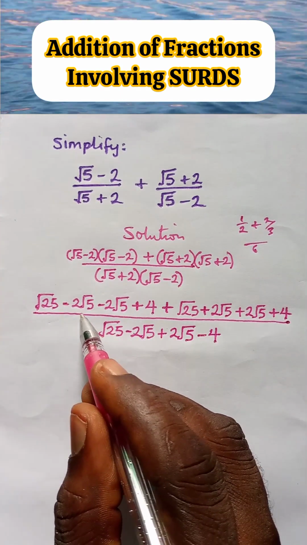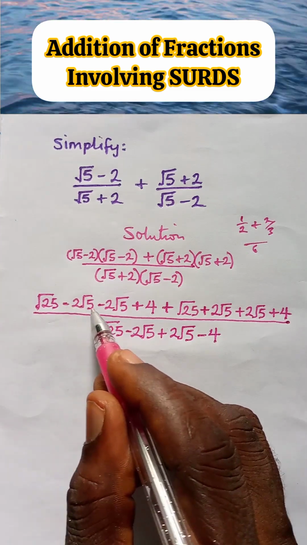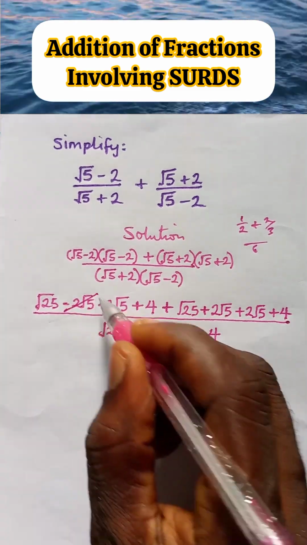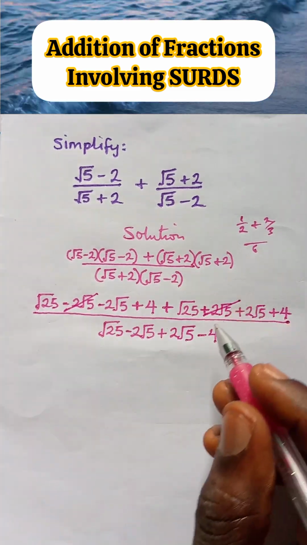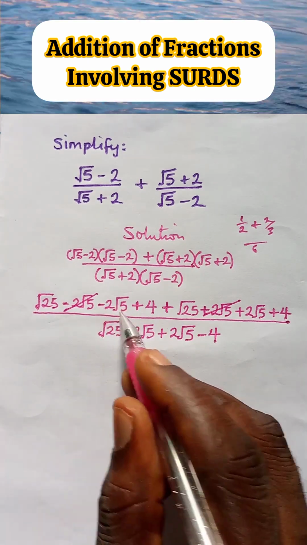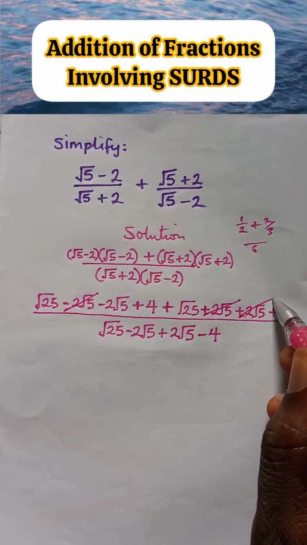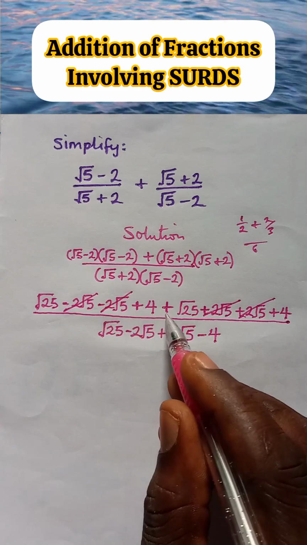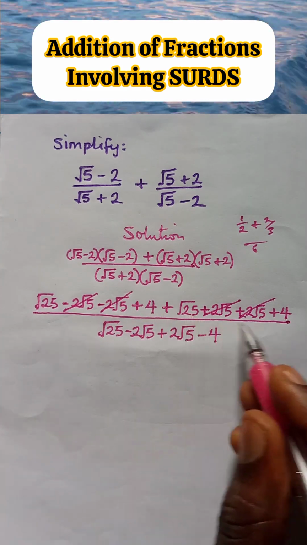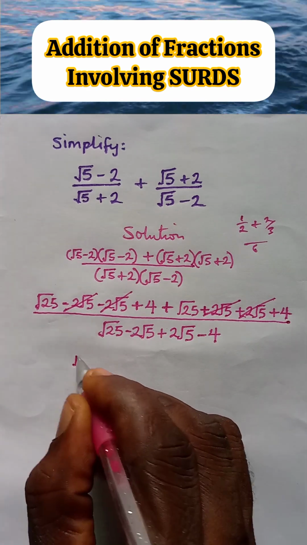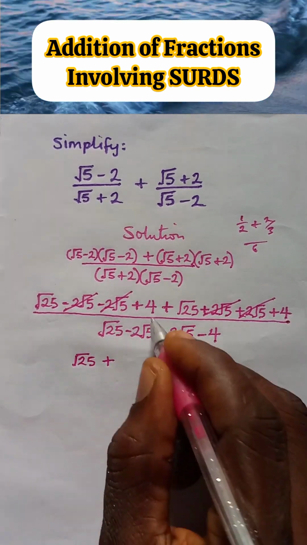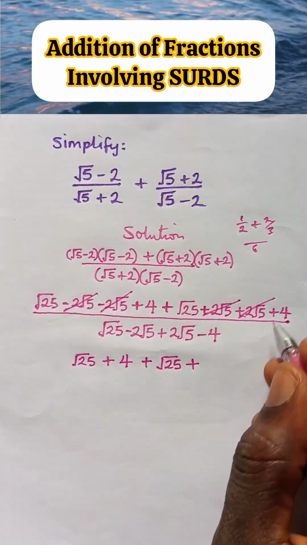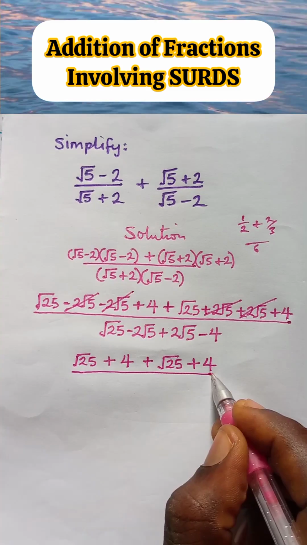So now, looking at the numerator, we find that we have minus 2√5 here, and at the other side we have plus 2√5. So this minus 2√5 strikes out this plus 2√5. Again, we have another minus 2√5 here and another plus 2√5, so equally we strike them off, so that we are left with √25 + 4 + √25 + 4, all over.